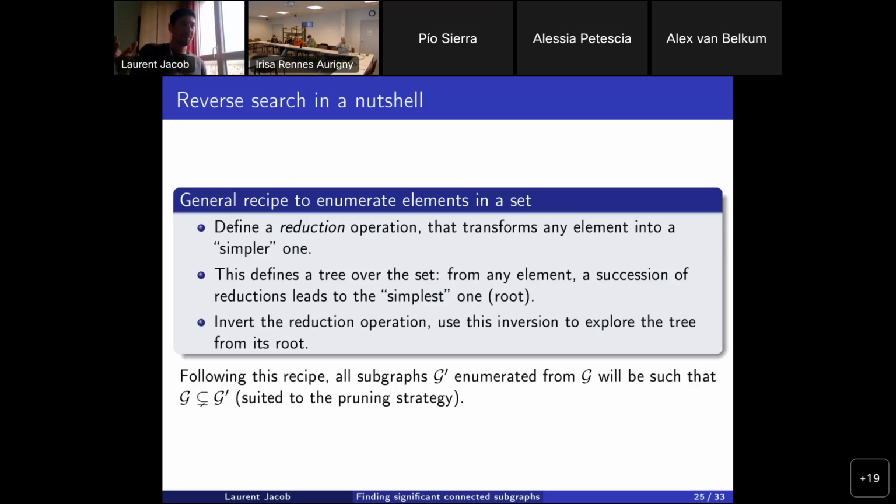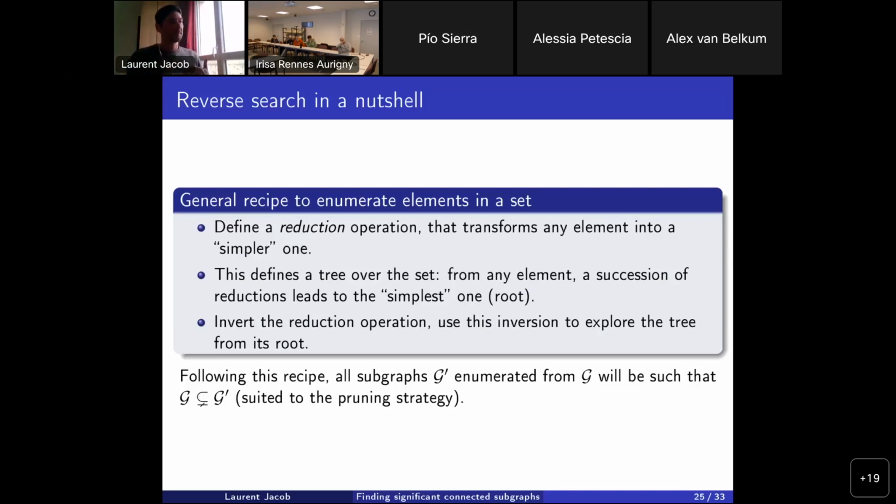So this is building a tree. This is defining a tree over your set of elements. And if you're able to invert the reduction operation, that is, from any element, say which are the elements that give this one by reduction, then you can explore the tree from the root.